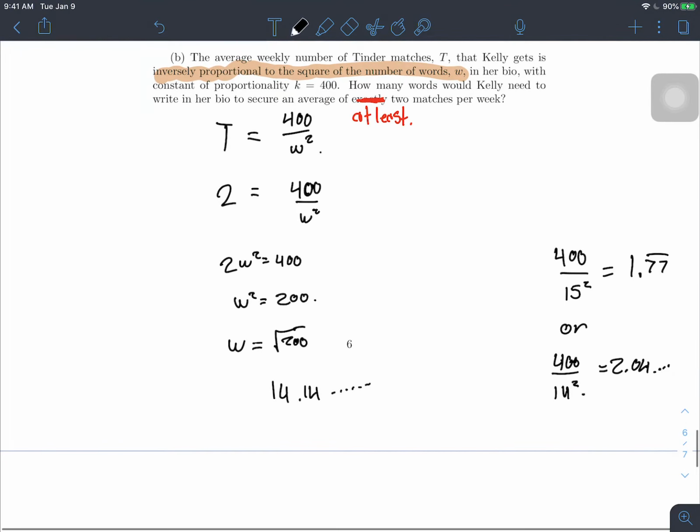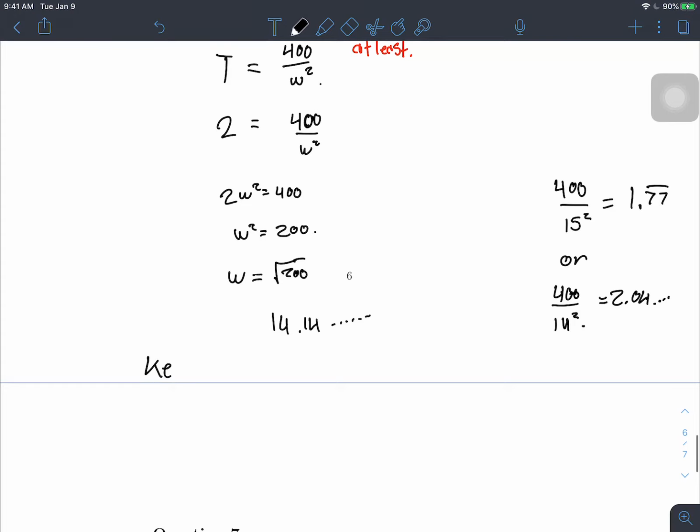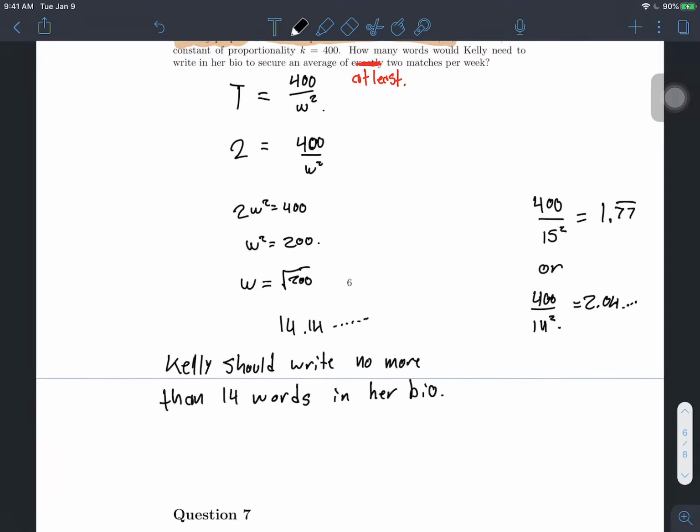So, in Kelly's case, the fewer words that she writes in her Tinder bio, the more matches that she gets. So Kelly should write no more than 14 words in her bio.